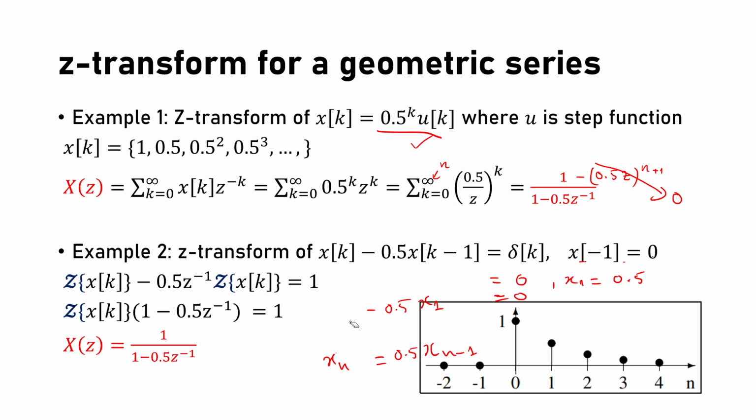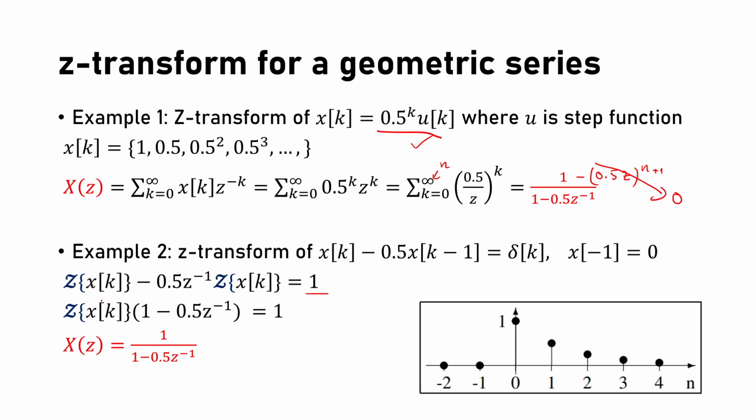But we also have another way to solve it by using the Z transform. Actually, first we can apply the Z transform to both sides of this equation. The Z transform of the unit pulse is always 1, and the Z transform of the difference equation h[k] is like this.